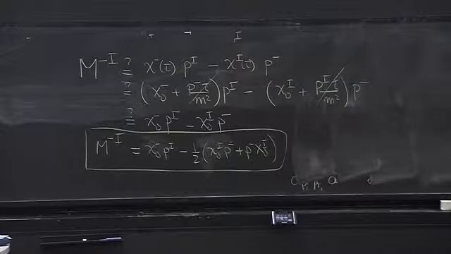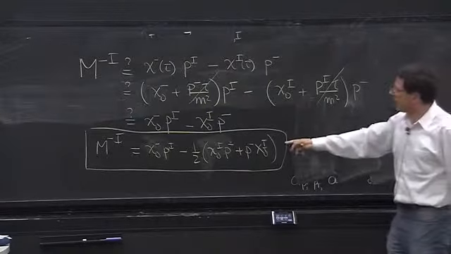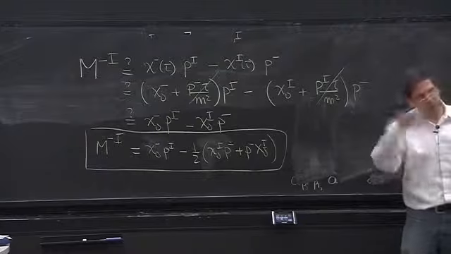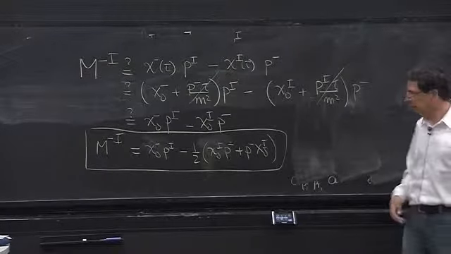And it does. It's not a very short calculation, but it does. It was left as a problem in the textbook. And what you will do this afternoon is to check that this generates the right transformations, the Lorentz transformations and reparameterizations that you would expect.